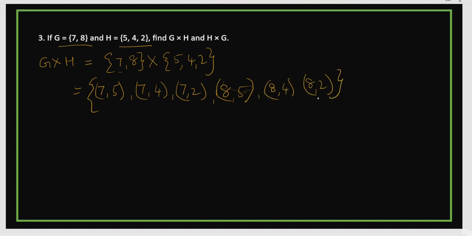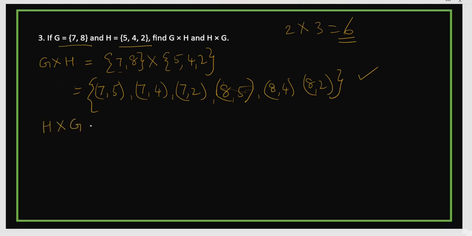These are the elements in this product. The number is two elements into three elements. 2 into 3 means six elements there in the product. So here we are getting six elements, and that's verified.